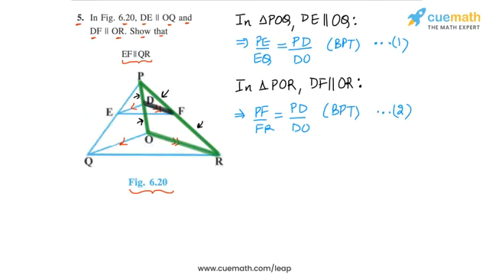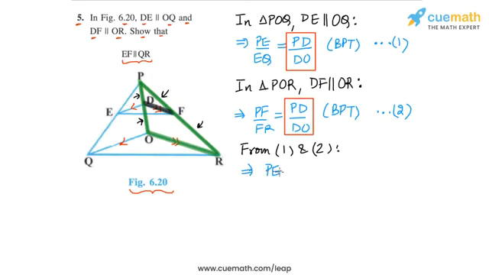Now if we compare equations 1 and 2, their right hand sides are the same. We have PD by DO and PD by DO, and therefore their left hand sides will also be the same. So from 1 and 2 we must have PE by EQ equal to PF by FR.